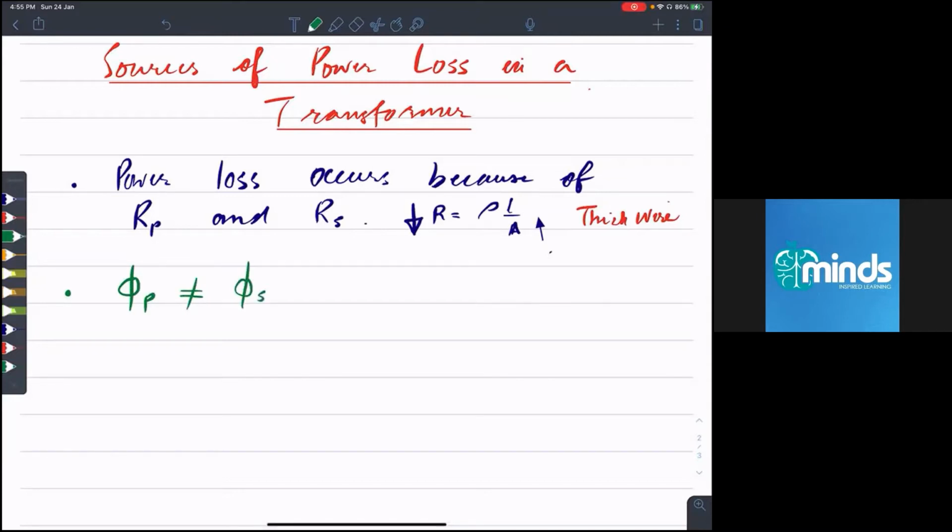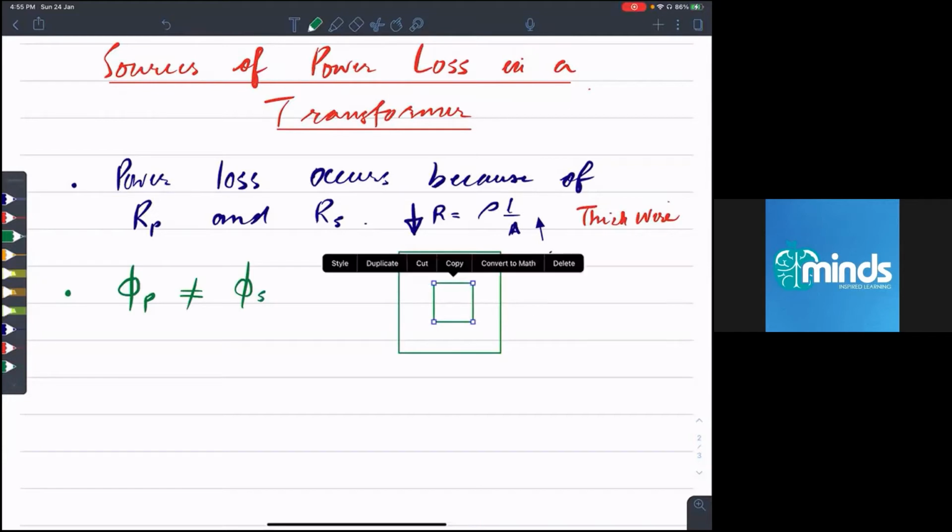Why? Just imagine it's a metallic frame. When magnetic lines of force travel, they will be traveling like this. One line here, on the outside one line is here, and let's say one line is here.